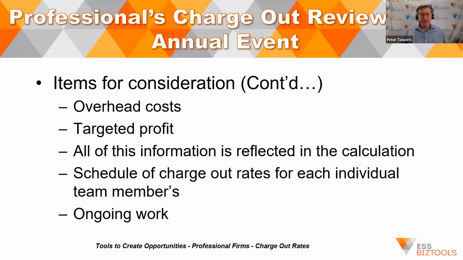Overhead costs not including any labour on-costs, because we're taking them into account separately. What's the targeted profit? How much profit does this professional practice want to earn if everything goes according to plan? All of this information is reflected in the calculation of the calculator, which we're going to show you in a moment, so that you have a schedule of charge-out rates for each individual team member.